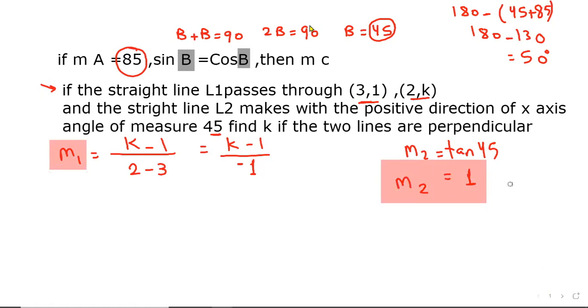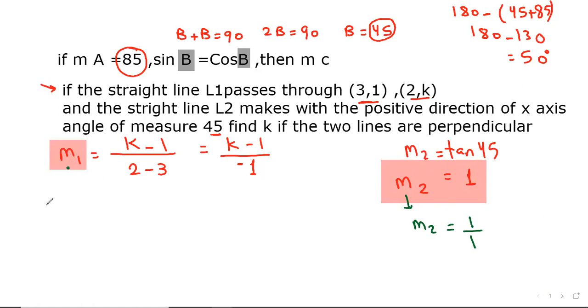And I told you many times about this trick, to change and exchange. So M2 is 1. We can write it as 1 over 1. The two slopes are not the same because they are not parallel, but they are perpendicular.